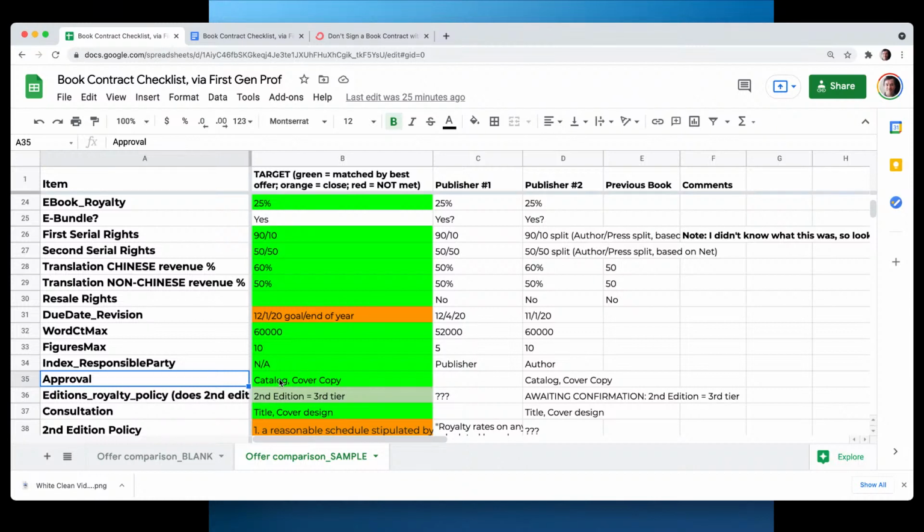But then catalog and cover copy, like when you publish this in your university press catalog, what role do I have in what happens if I hate the way you've described my book? What if I hate the way you describe it on Amazon.com, or I hate how you do it on your press website? Do I have final approval to say I don't approve of this, or do I simply have a consultative role? And then, of course, the cover.